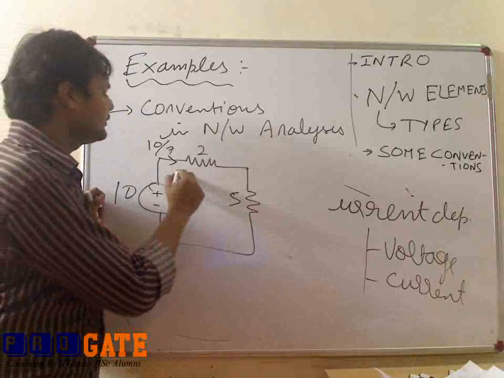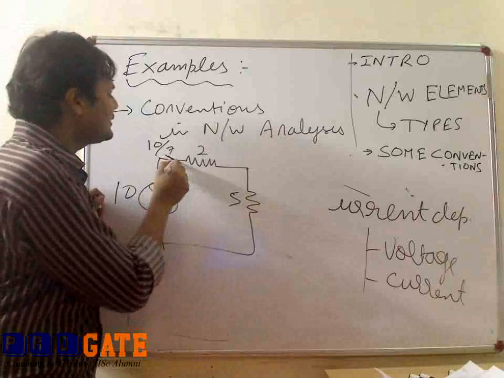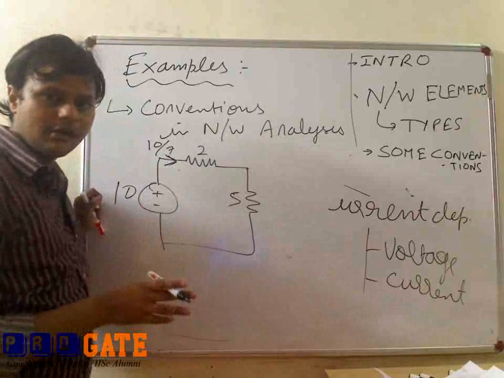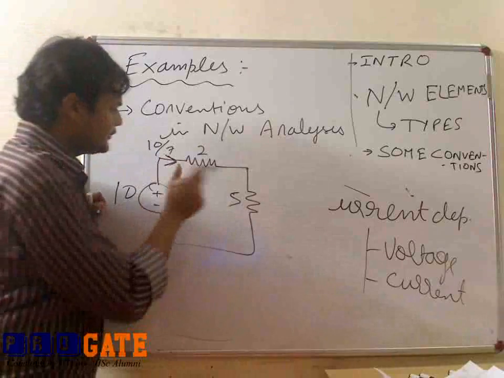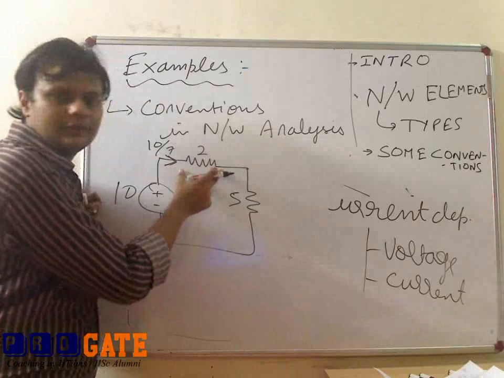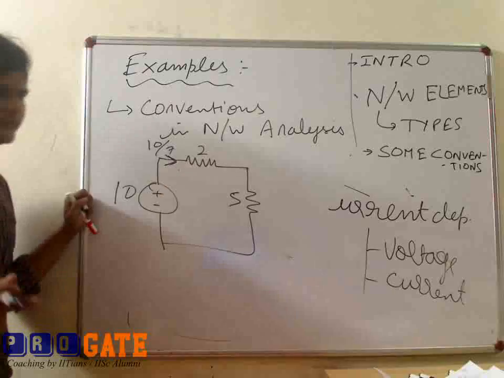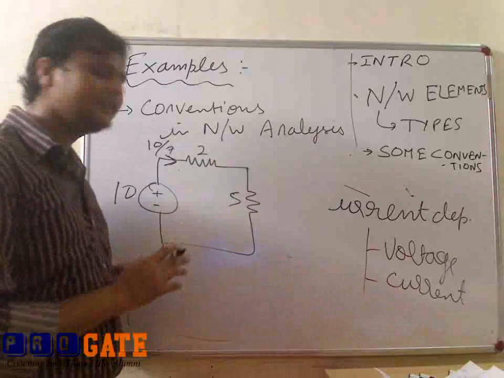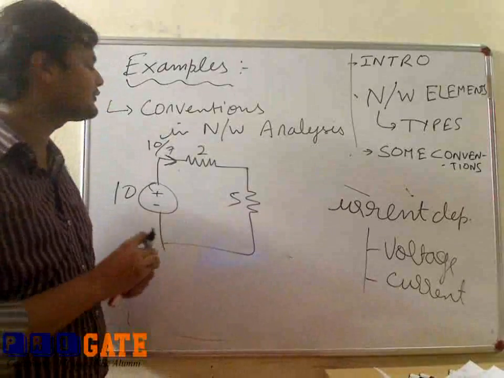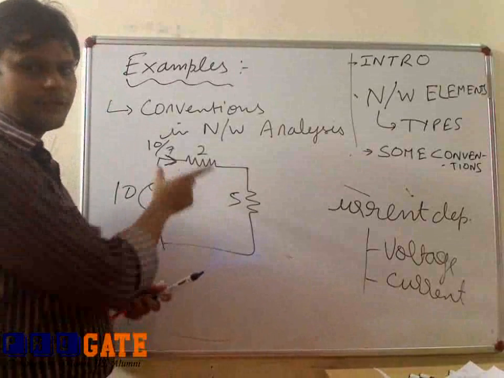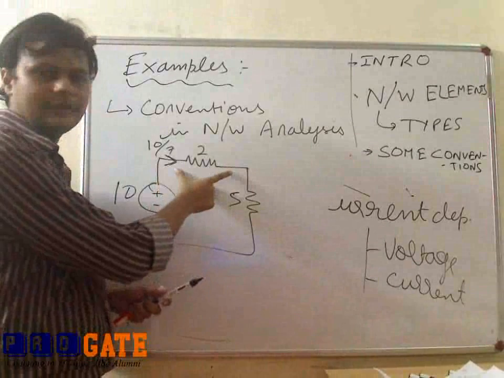So, again, if current is flowing in this direction, there will be a drop across this 2 ohm resistor. What is the polarity of this drop across the 2 ohm resistor?